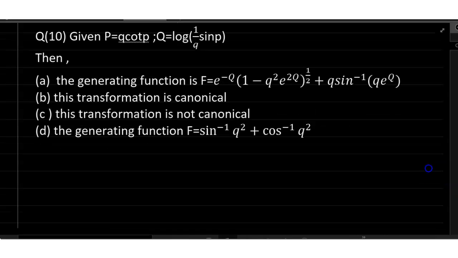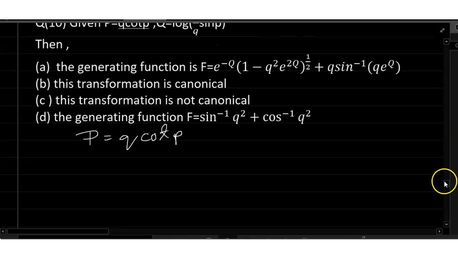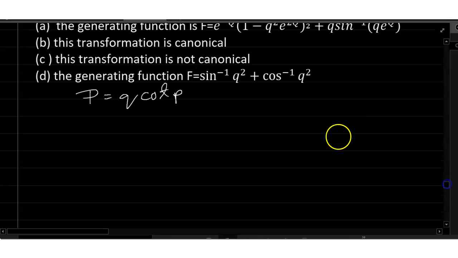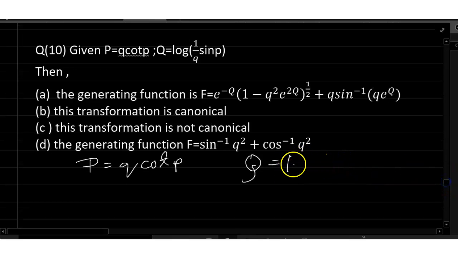Now the next problem is based on canonical form: P = q cot p and Q = log((1/q) sin p), as given.